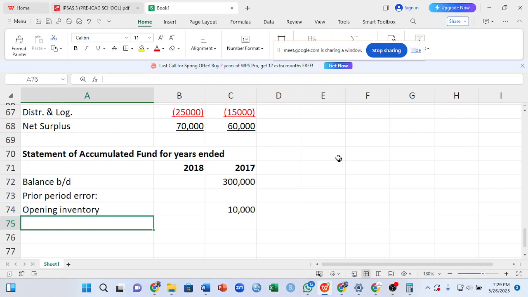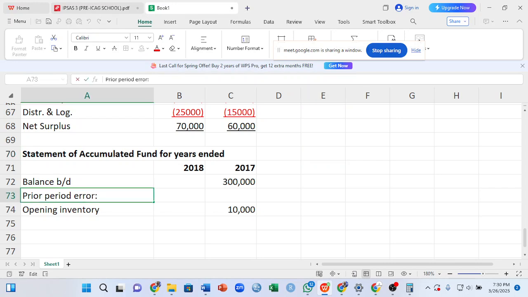Okay, let's look at the effect. Opening inventory. We need to increase opening inventory by 10,000, which we didn't do in 2017. So this one is not a prior period error, it's a prior period adjustment.